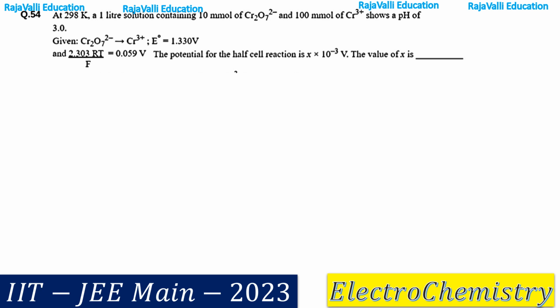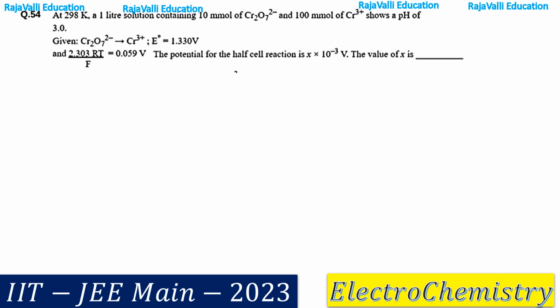This question is taken from one of the question papers of JEE Main 2023 based on electrochemistry, the Nernst equation. At 298 Kelvin, a 1 liter solution containing 10 millimole of dichromate and 100 millimole of chromium 3 plus shows a pH of 3.